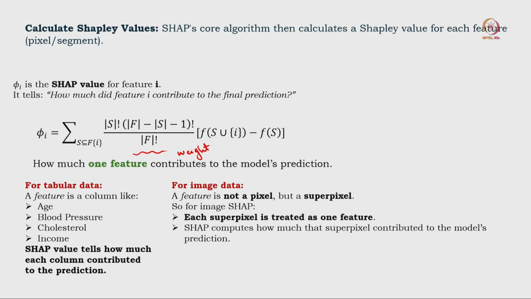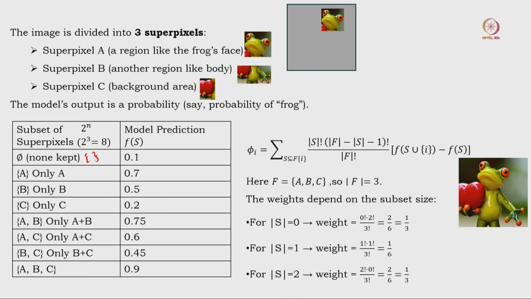That is the meaning of the null set: no elements, no superpixels considered. And what is the meaning of A? Only A is considered, which means our image looks something like this, where everything else is masked and only superpixel A is kept. Then only B, it looks this way, where everything else is masked and only this superpixel is kept.